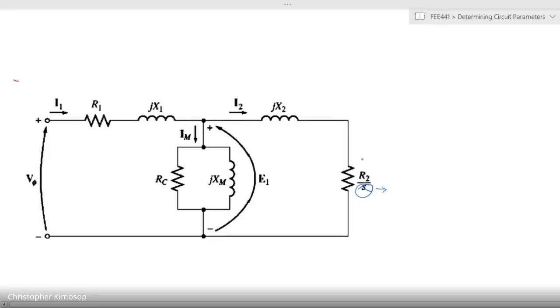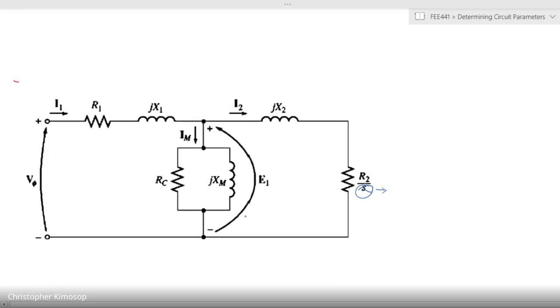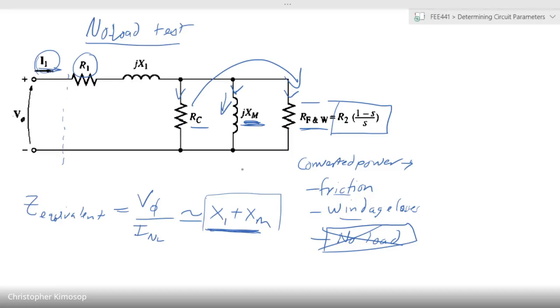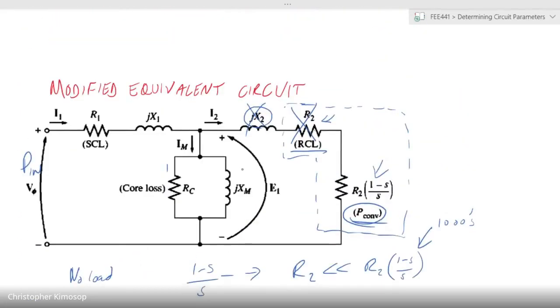Remember, in usual terms, R2 over S is a large value, and we would have R2, the rotor copper losses, and the converted power as both elements of this. However, because slip is 1, you are left with R2. You cannot split it the way we had split it before over here. These two elements don't come into play. In fact, this one now ceases to exist.